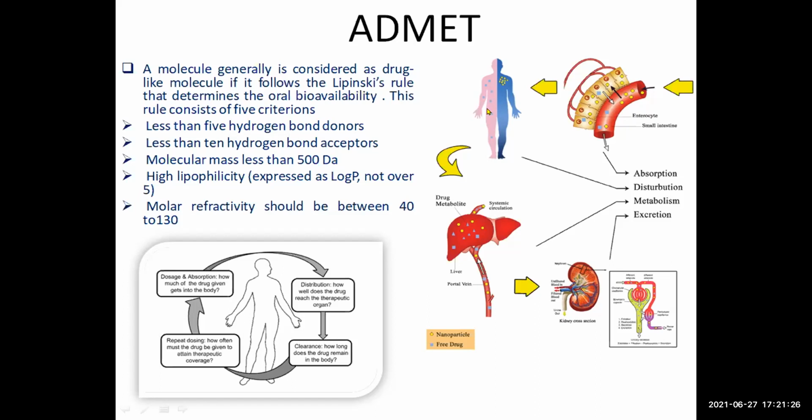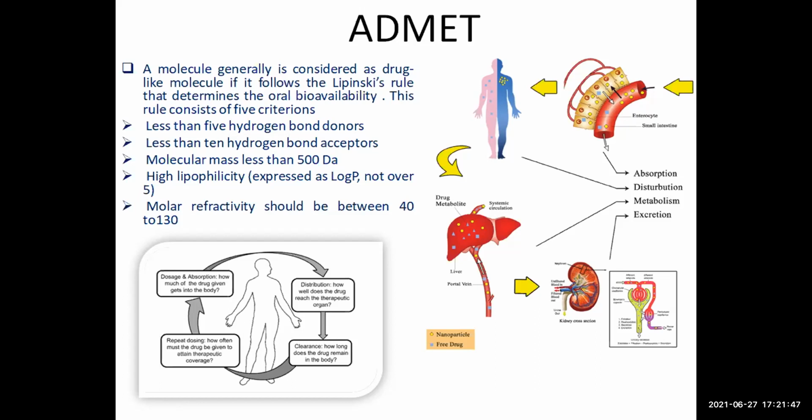And in case of distribution, the drug molecules distribute in the different parts of the body. So for distribution, the value of VDss is analyzed here. There are different parameters and their values. Any ligand molecule that is considered to be a drug molecule should follow the values of these different parameters.